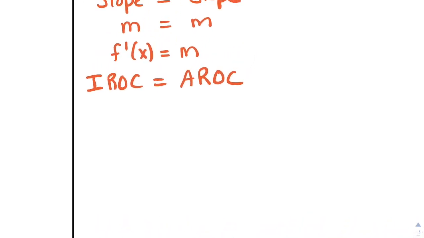IROC being the new school, this is your derivative. AROC is our old school method, y2 minus y1 over x2 minus x1. It's where IROC and AROC would be equivalent, or the derivative, our instantaneous rate of change, is equivalent to our average rate of change. When I set that equal to each other, I can actually solve for a location.